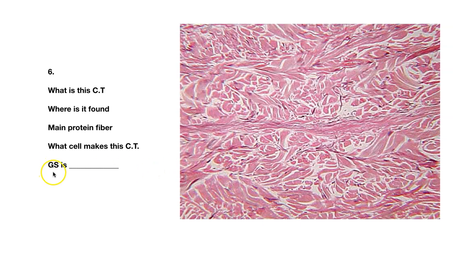And lastly, the ground substance of this particular connective tissue, is it liquid, gel-like, firm, or hard? That was number 6.